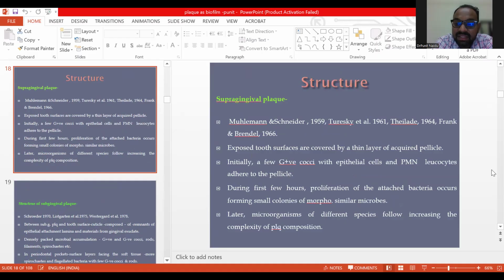This consists mainly of gram-negative cocci with epithelial cells and leukocytes adhering to the pellicle. During the first few hours, there is a proliferation of attached bacteria which form small colonies. Later, microorganisms of different species follow, increasing the complexity of plaque composition.